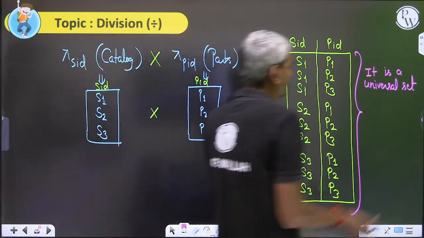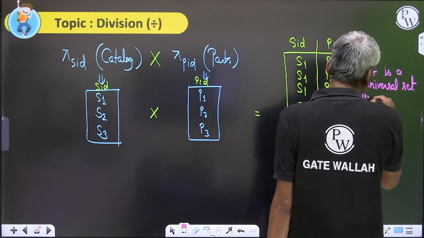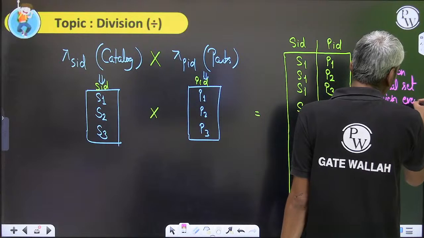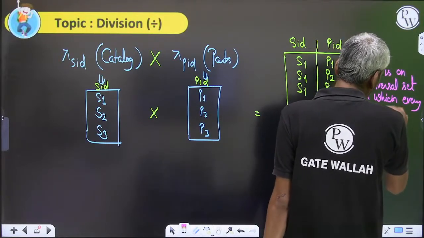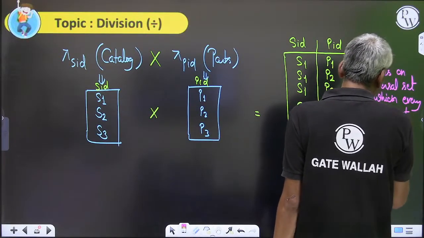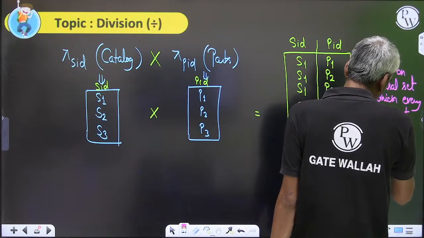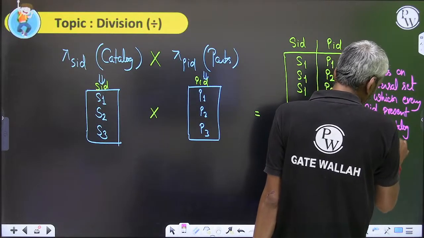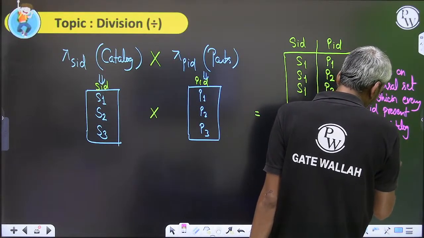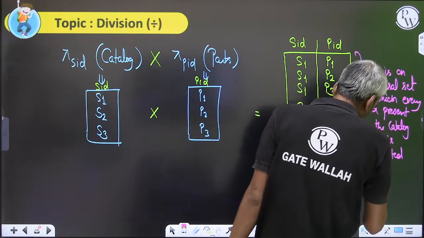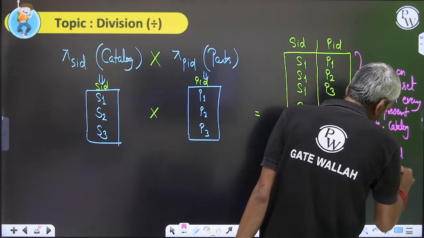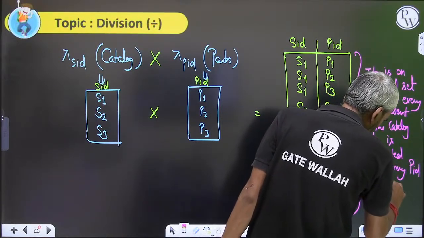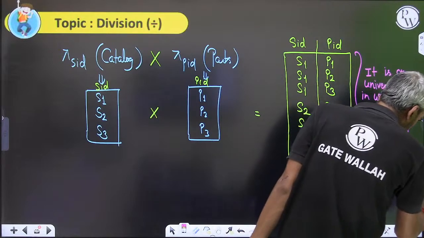So it is a universal set in which every SID present in the catalog table is associated with every PID of the part table.